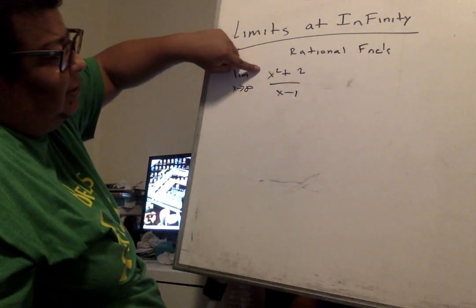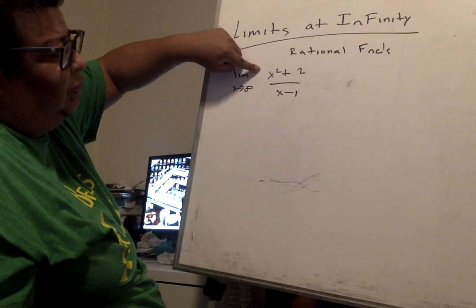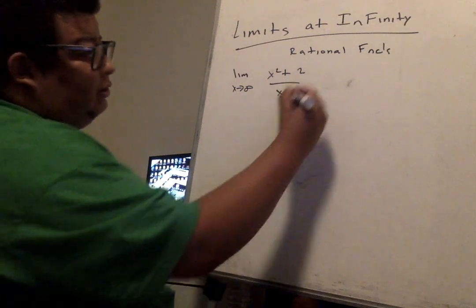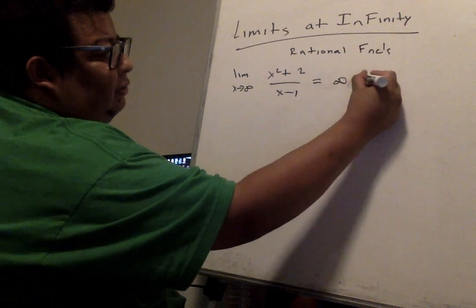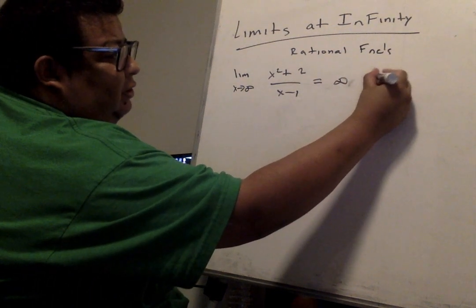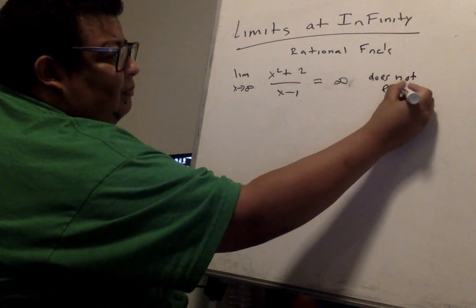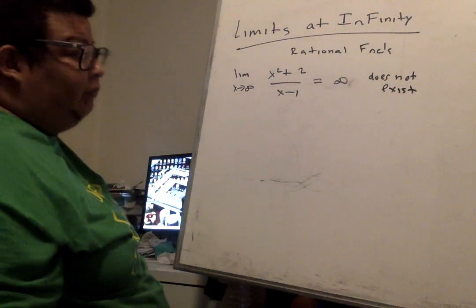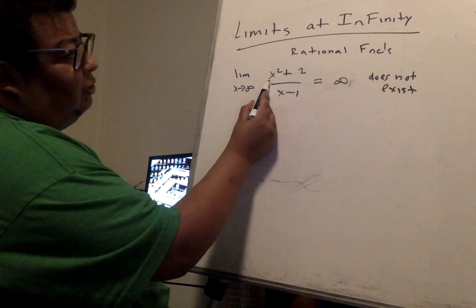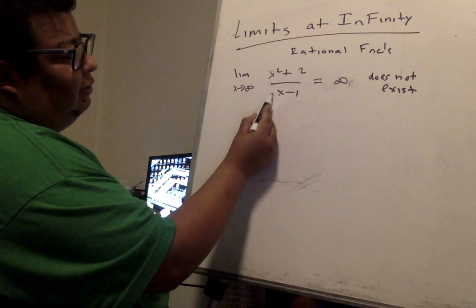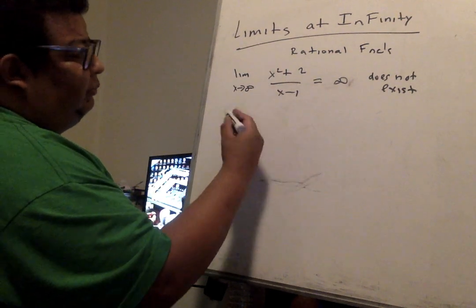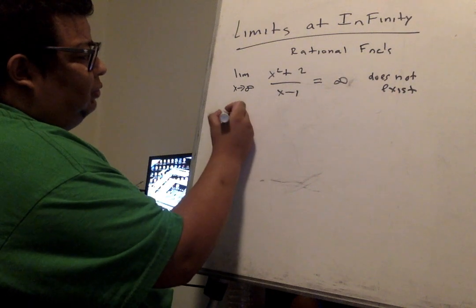Notice here that the highest degree is in the numerator. So this is equal to infinity, or the limit does not exist. And we're going to see why. Whenever we have a numerator of higher degree over the denominator, that's what we get. So let's see what is going to happen.